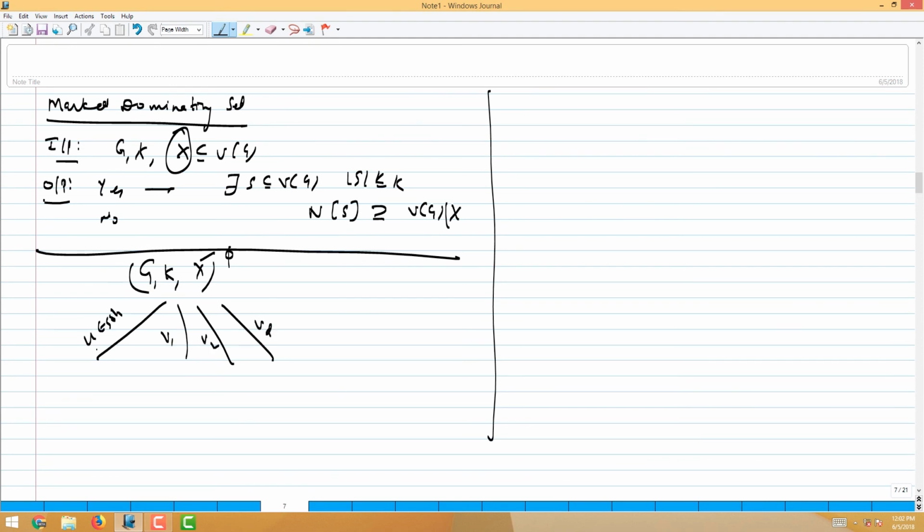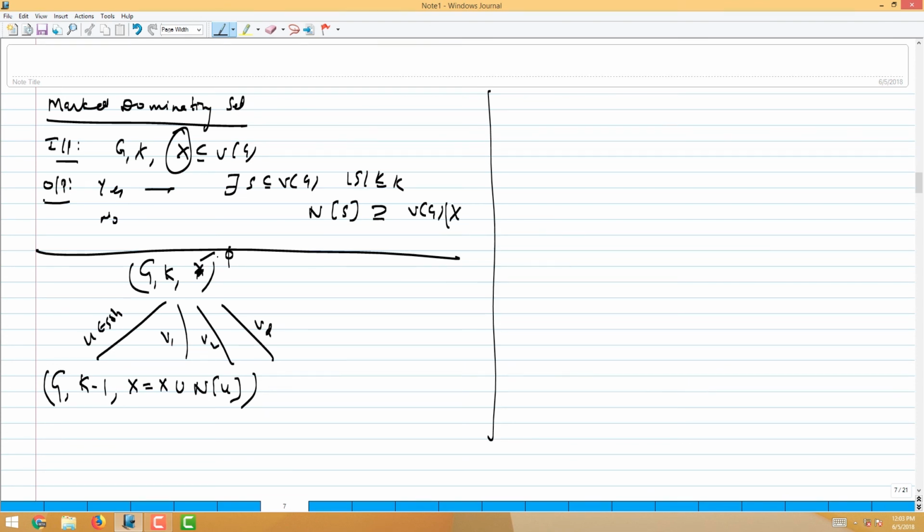So when you decide to put a vertex in the solution, what you do is you create an instance where it's G comma k minus 1 because you've decided to put it in the solution, and you update x. In x you put all neighbors of u. So in this graph you are trying to find a dominating set that dominates all the remaining things.